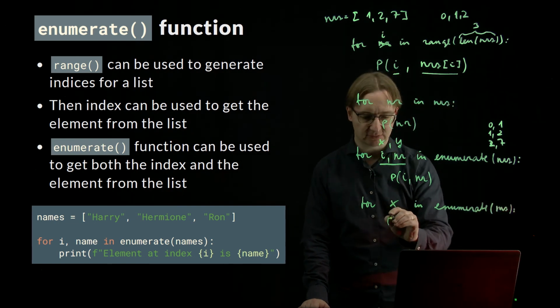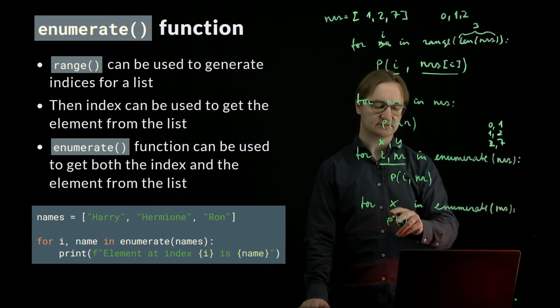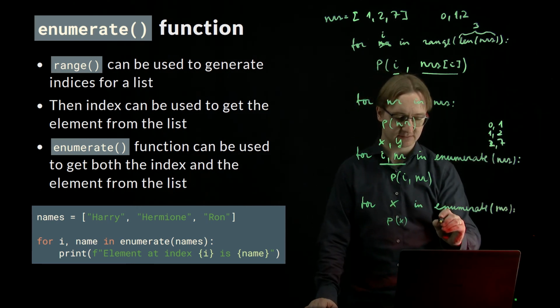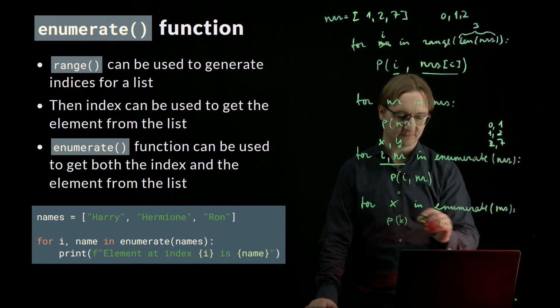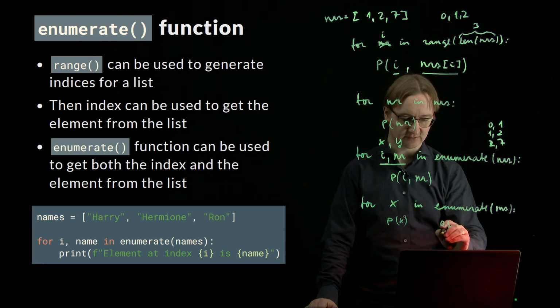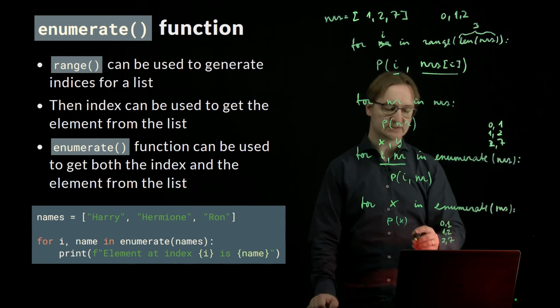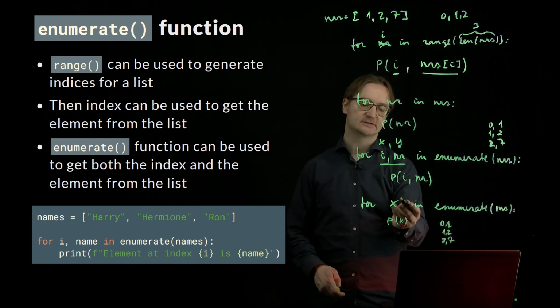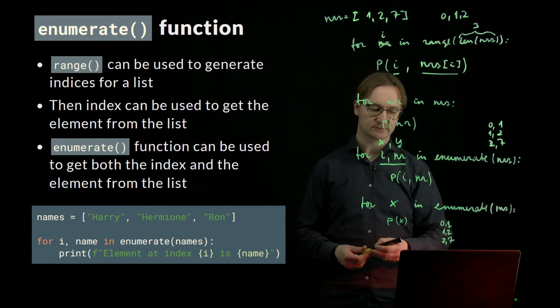But now if I print out the x, then it's actually a pair. So I would get 0 and 1 for the first execution, then I would get 1 and 2, and I would get 2 and 7.